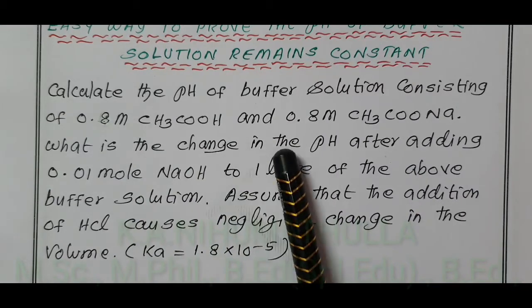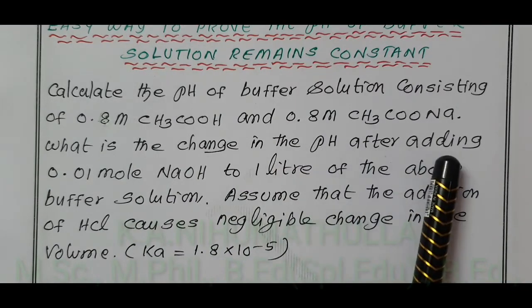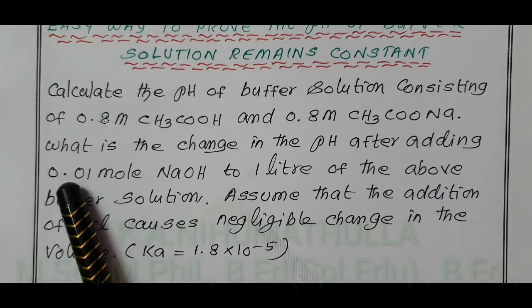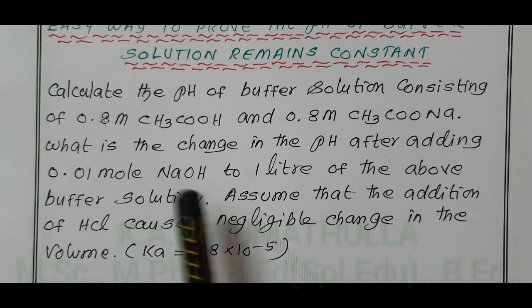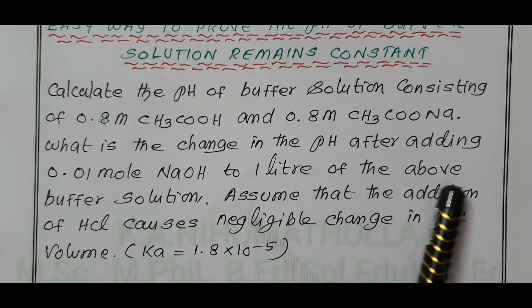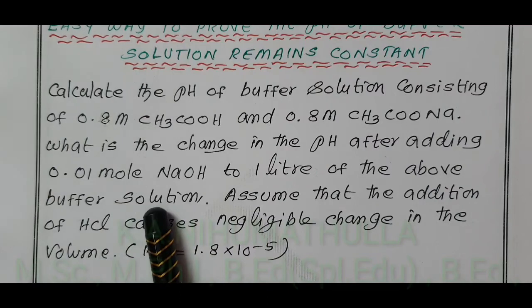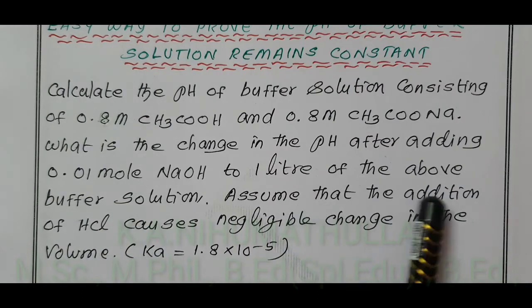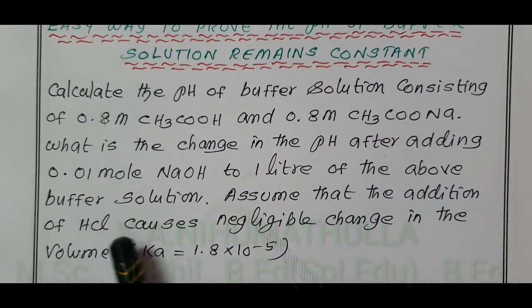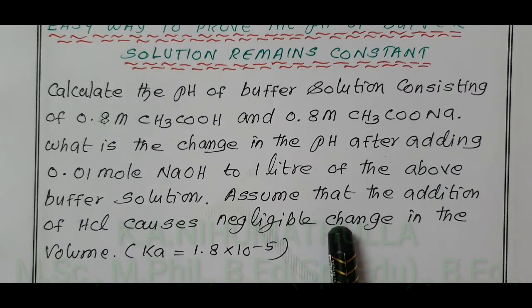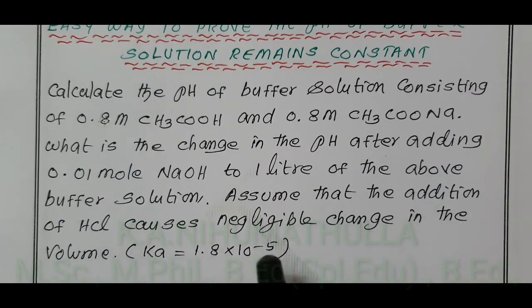What is the change in the pH after adding 0.01 mole sodium hydroxide to 1 liter of the above buffer solution? Assume that the addition of HCl causes negligible change in the volume.